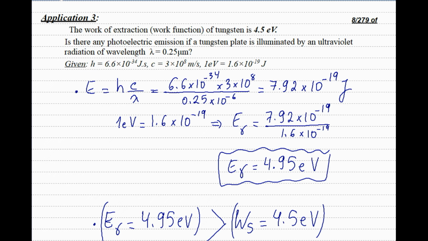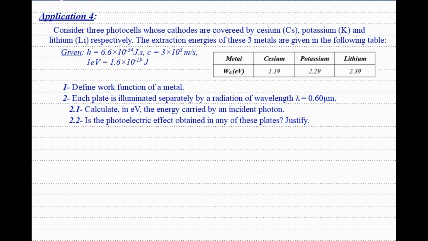Now I would like to move to another application, and please try to solve it for next time because it has everything we're going to need as vocab. Consider 3 photocells whose cathodes are covered by cesium, potassium, and lithium respectively. The extraction energies are also given in electron volt over here. Define work function.